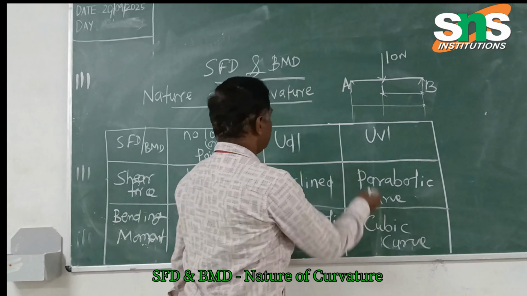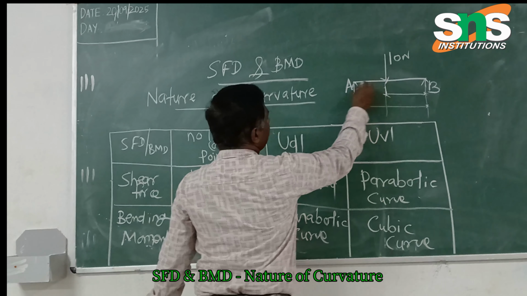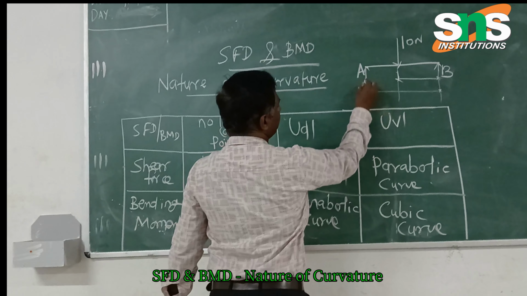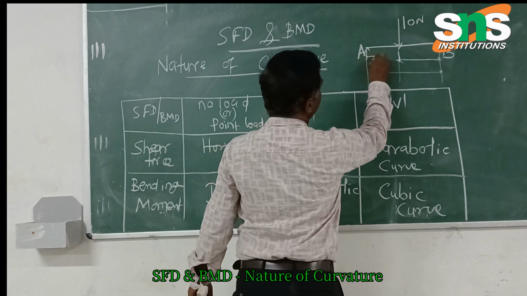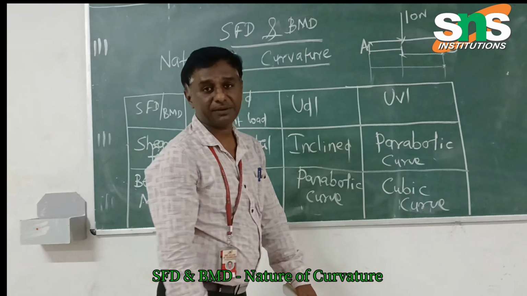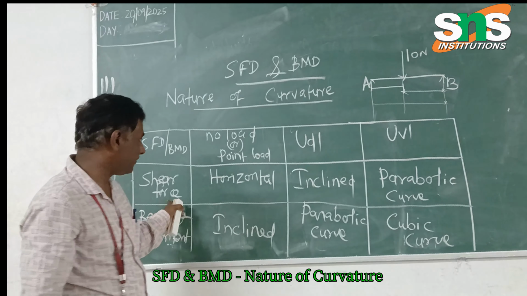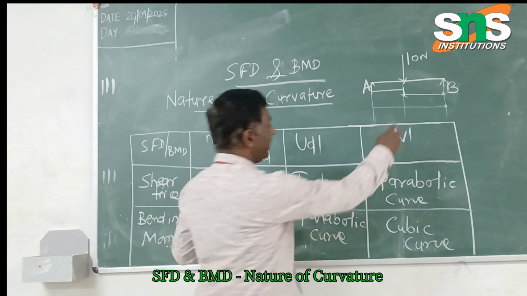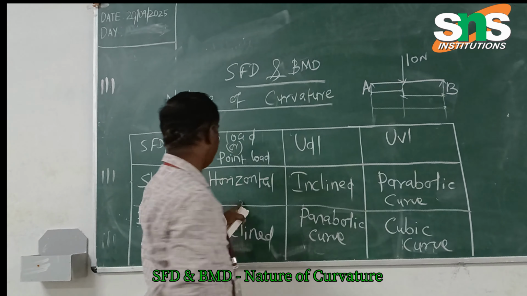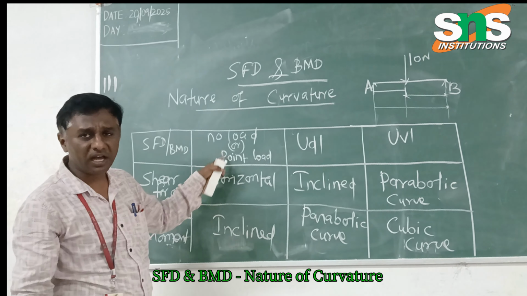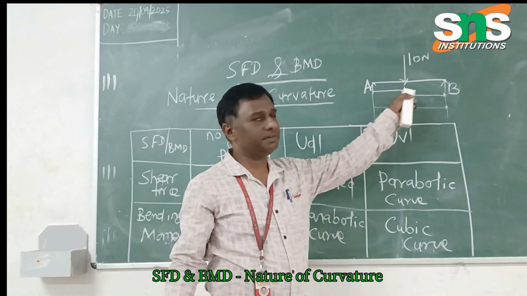Okay, then in this region we don't have any load, so it should be followed by a horizontal line only. The shear force diagram will follow a horizontal line like this.